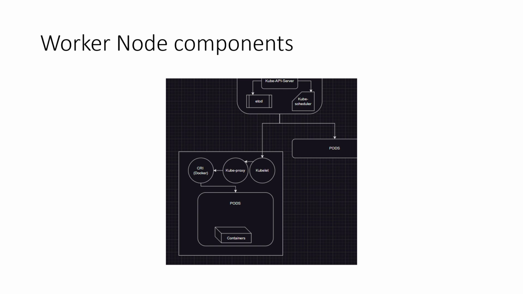If a container in a pod gets more traffic than it can handle, Kubernetes replicates the pod to another node, which the scheduler does.